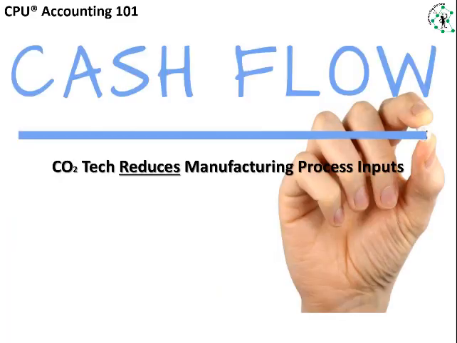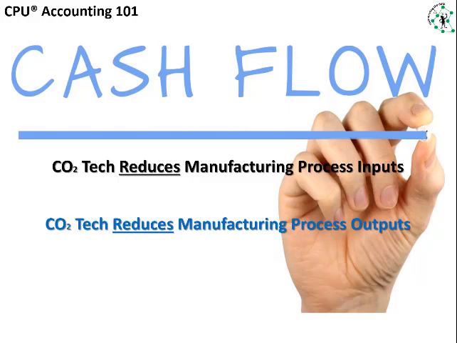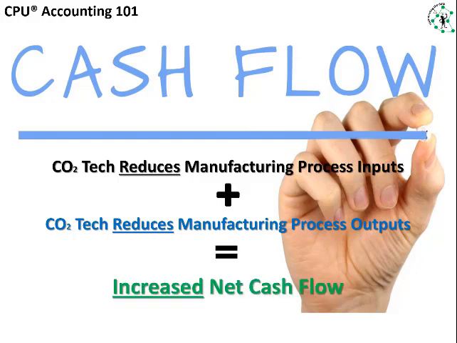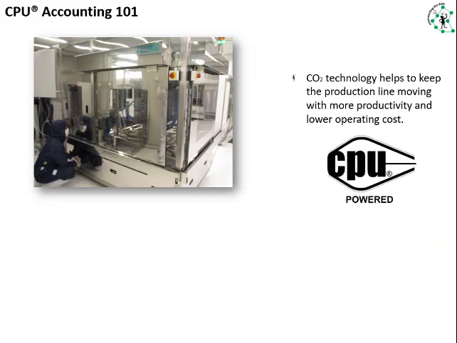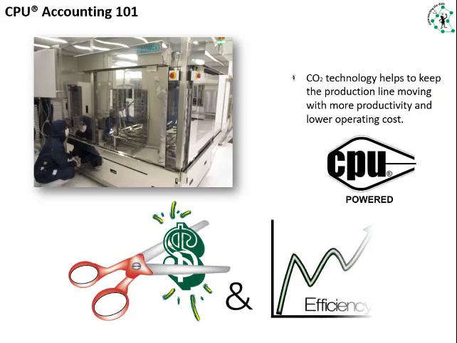CO2 technology increases cash flow for a business. It does this by reducing manufacturing process input wastes and reducing manufacturing process output wastes. The combination of these reductions increases net cash flow. In other words, CO2 technology helps to keep the production line moving with more productivity and lower operating cost.